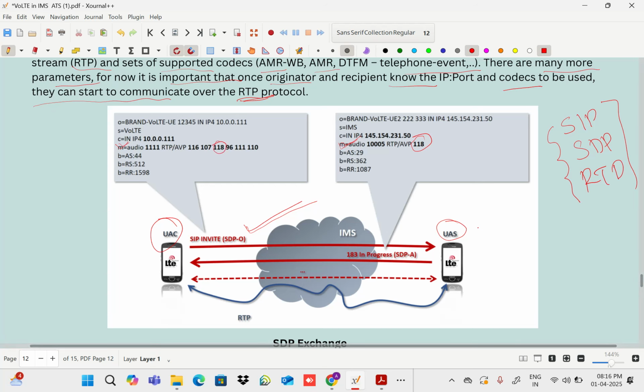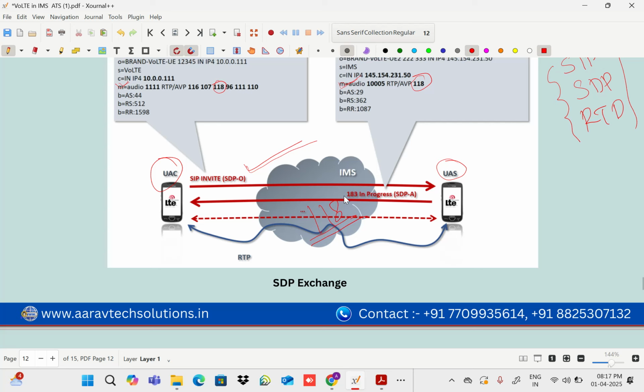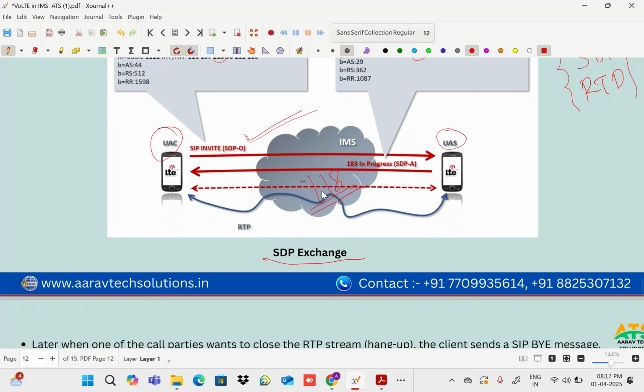So they will set up RTP through the 118 codec. So it's called SDP exchange based on available media codecs. Whatever common codecs they have, they will use to set up a call, and they will set up RTP, real-time protocol.